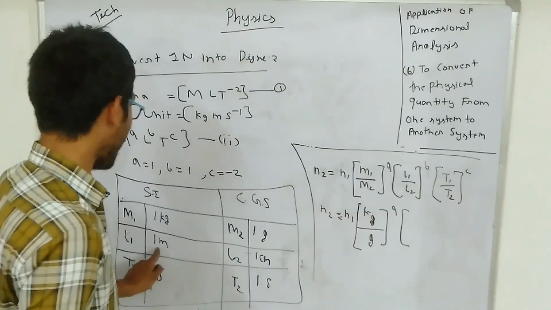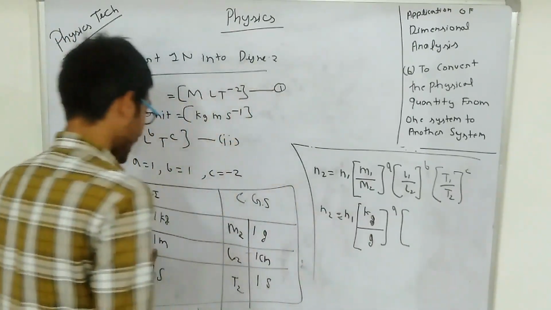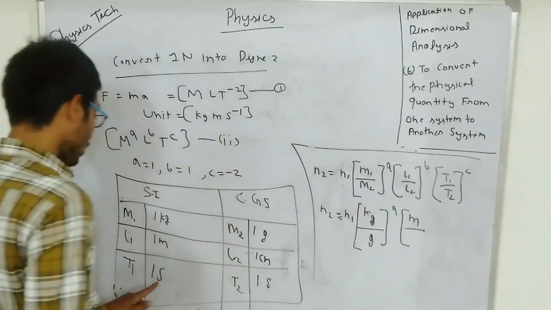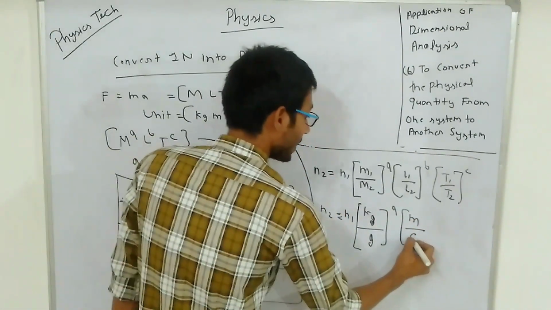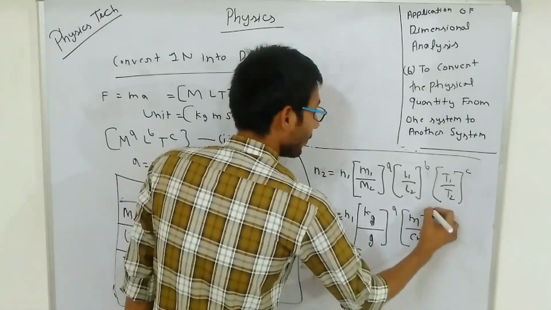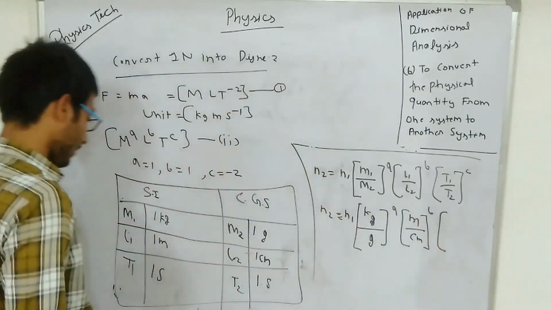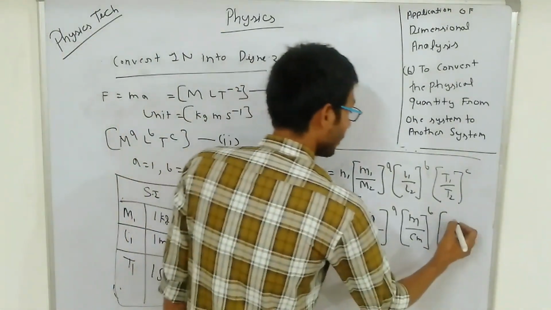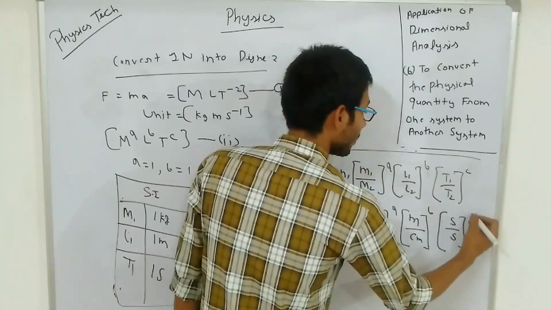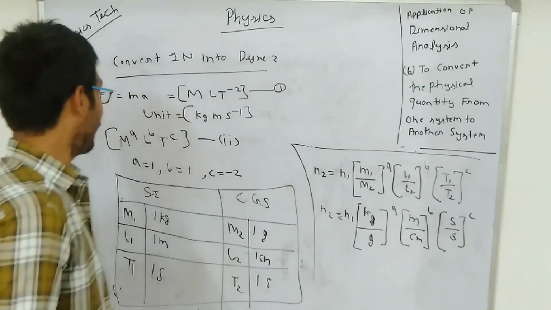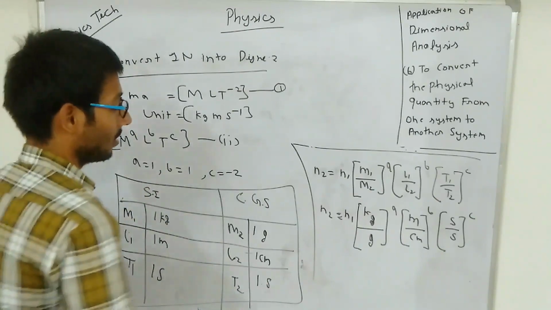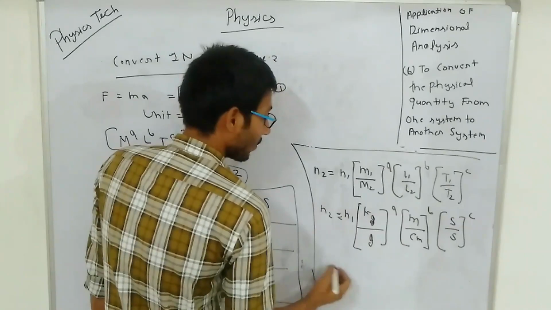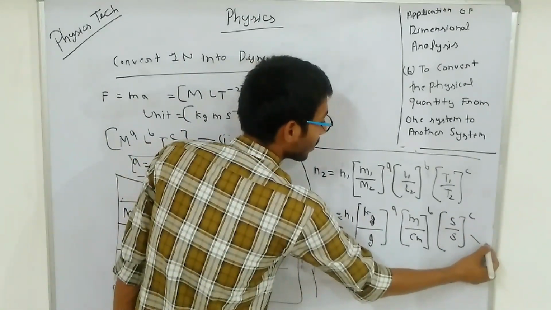L1 is equal to meter and L2 is equal to centimeter, to the power b. T1 is equal to second and T2 is also second, so second upon second, no change, to the power c. Putting the values of a, b and c in this equation, let this be equation third.